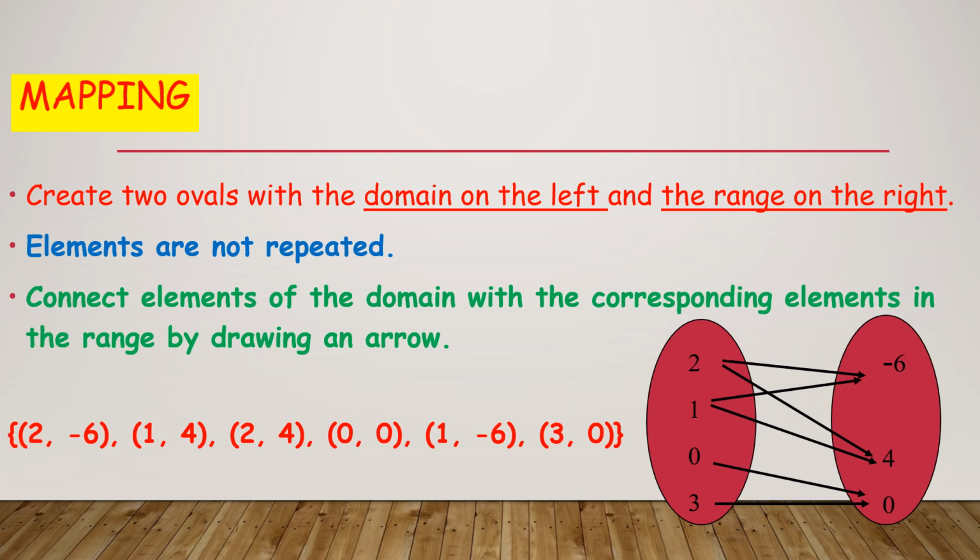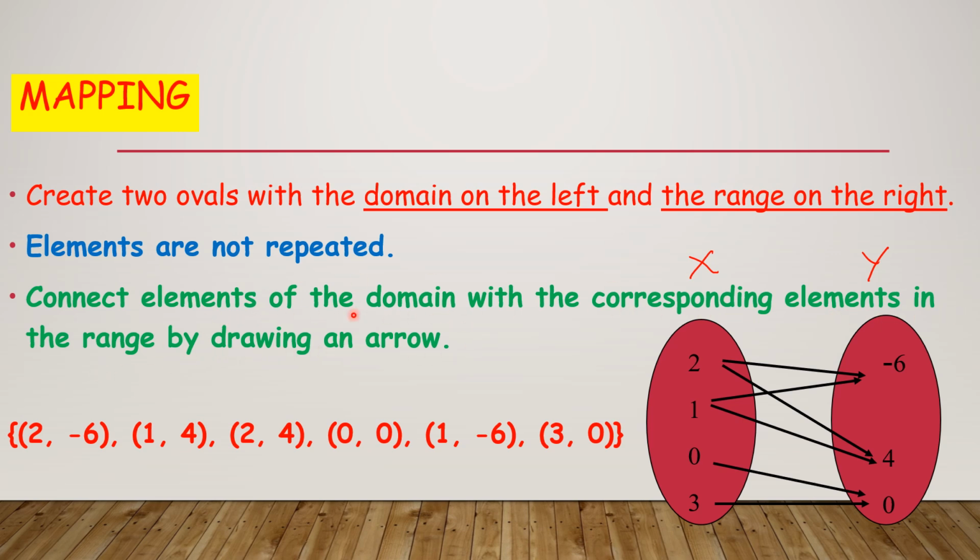On the left is our x, so let me just write that here. On the right is our y. And 2, negative 6: that's 2, and we go across with the arrow. Remember, we talked about drawing an arrow to connect elements of the domain with the corresponding elements in the range.